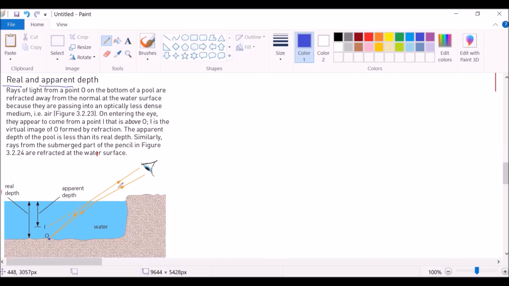These rays are refracted. So we have our normal there and our normal there. These waves are refracted with a higher angle of refraction since water is optically denser than air. So we have a larger refraction.